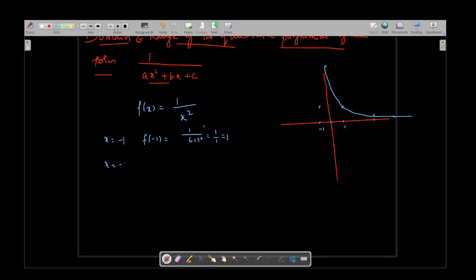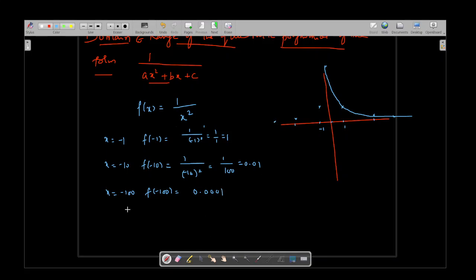If I put x is equal to minus 10, I'll get f of minus 10 is equal to 1 by minus 10 square, which is 1 over 100, which is 0.01. So at minus 10, it comes close to 0. Similarly, if I put x is equal to minus 100, f of minus 100 will be positive 0.0001. So again, it is very close to 0.